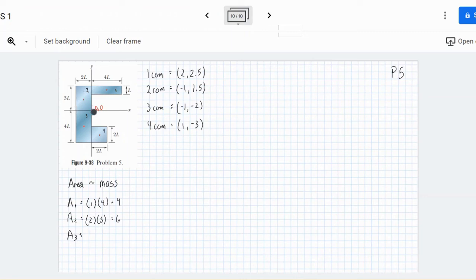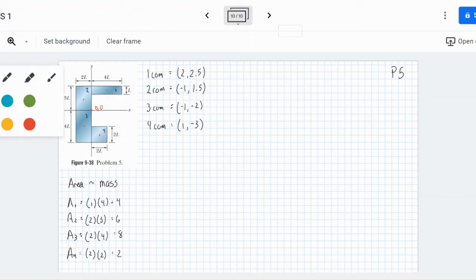It's 4, so 2 by 4. And this one here is 2 by 2. So because area is proportional to mass, we're actually going to use these values as the mass, which I think is really cool.